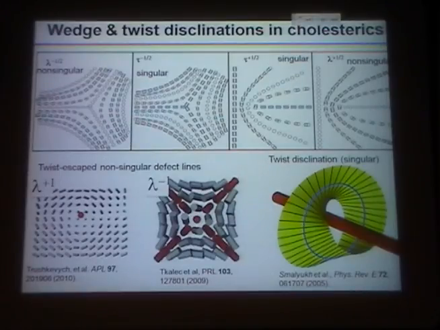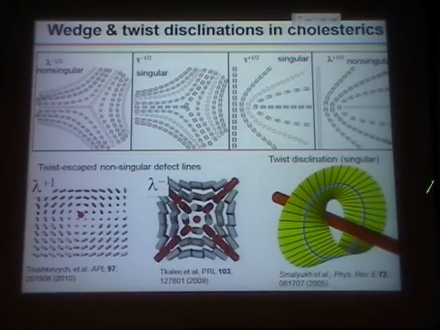Obviously, topologically they may be similar, as you remember from Randy Kamien's tutorial lecture, but in terms of energetics there could be big differences, because the defects that have singular cores would be much more energetically costly, like the defects here, as compared to the defects that have non-singular configurations.